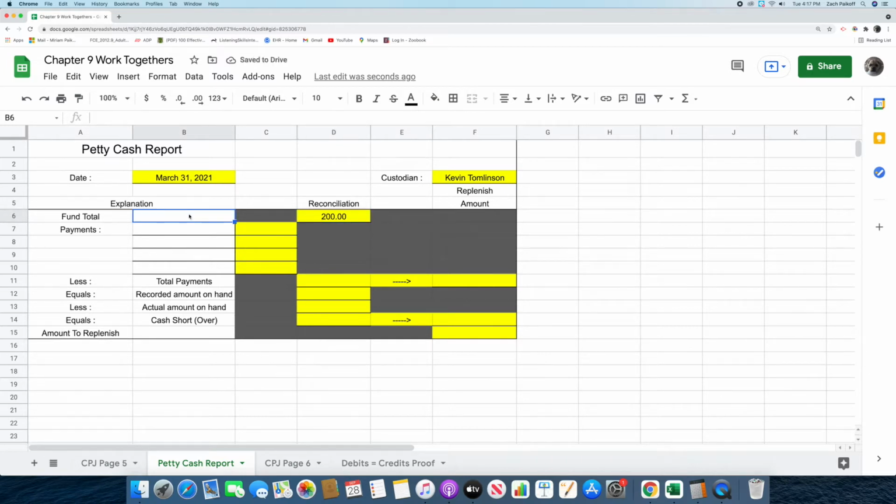The next thing that we're going to do is fill out the fund total payments. So the first fund total payment is supplies-office, and the amount is $45.23.